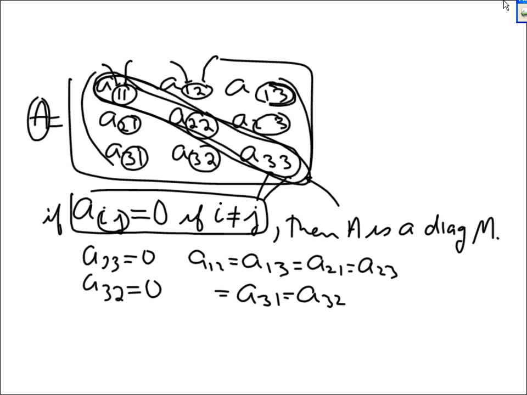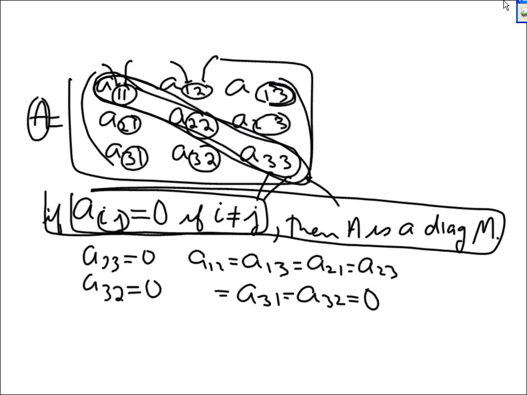Those are all the entries off the diagonal. If they all equal 0, then you have a diagonal matrix. If a_ij is 0 for every time i and j are different, then matrix A is a diagonal matrix.